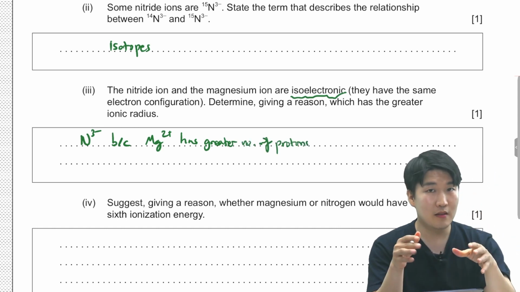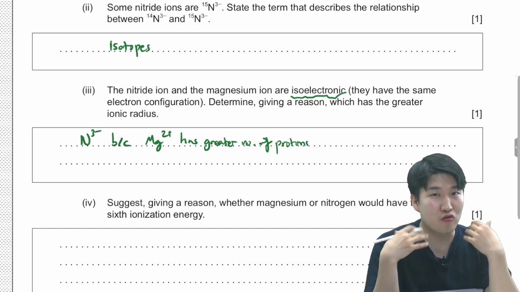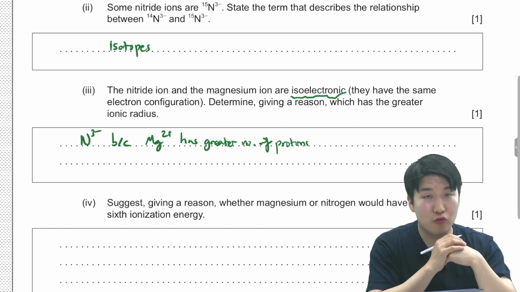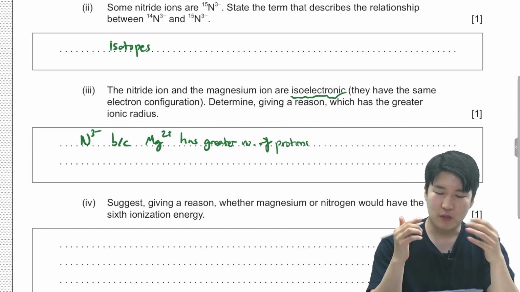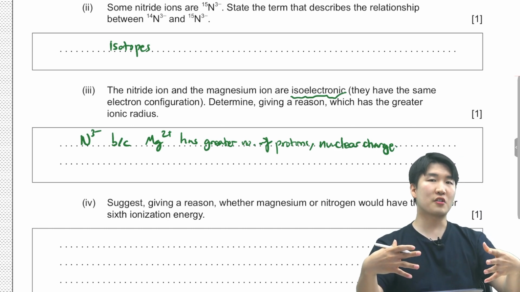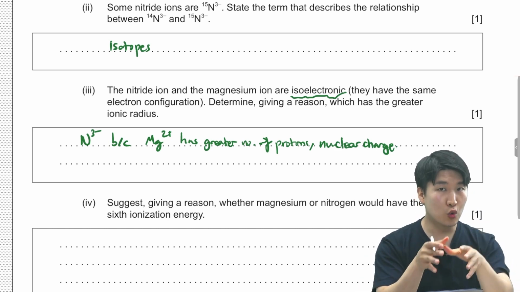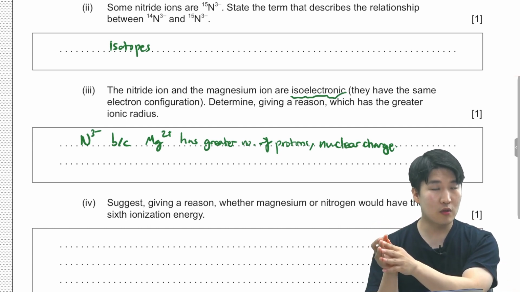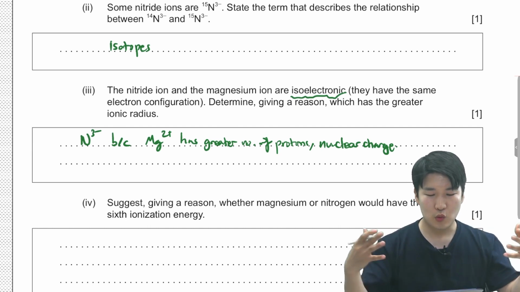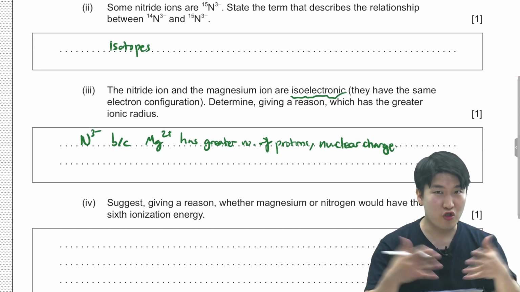And this means the nuclear charge of magnesium 2+ is greater than N3- anion, which means the electrostatic attraction between the magnesium ion nucleus and the valence electrons is greater. So the ionic size has shrunk.